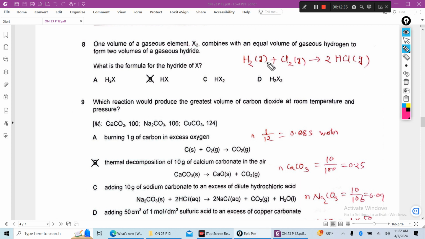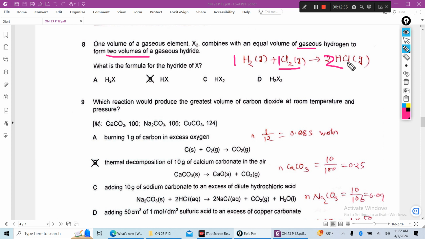So you see, 1 volume is 1 mole: 1 volume of X2, meaning chlorine, bromine, iodine, reacts with an equal, meaning 1, volume of hydrogen to produce 2 volumes of gaseous hydride.